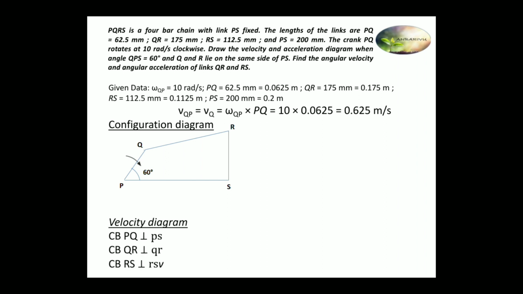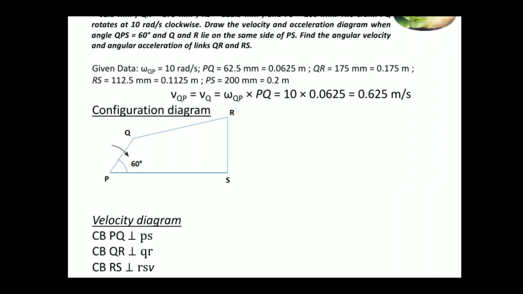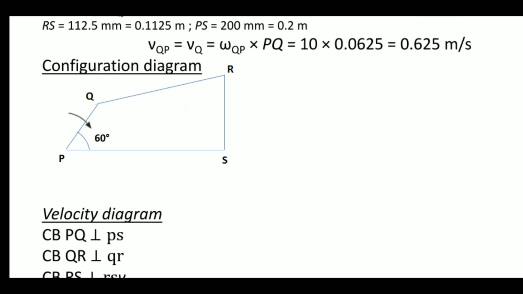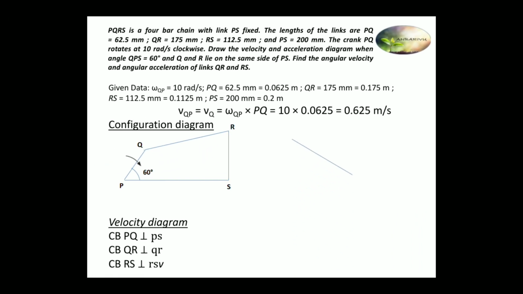The velocity diagram is perpendicular to the configuration diagram. Draw the 3 links perpendicular to the configuration diagram. PS is fixed, QP in clockwise direction. Draw a straight line in clockwise direction for 0.625. You take it as 6.25.